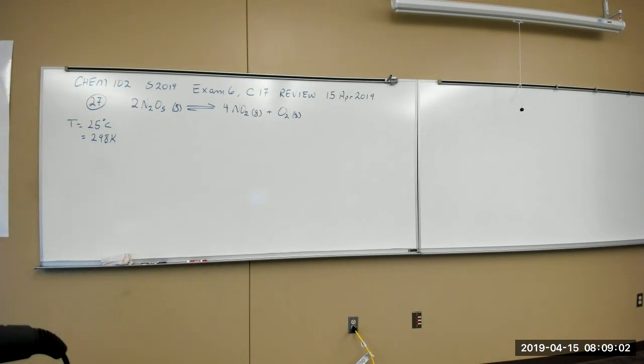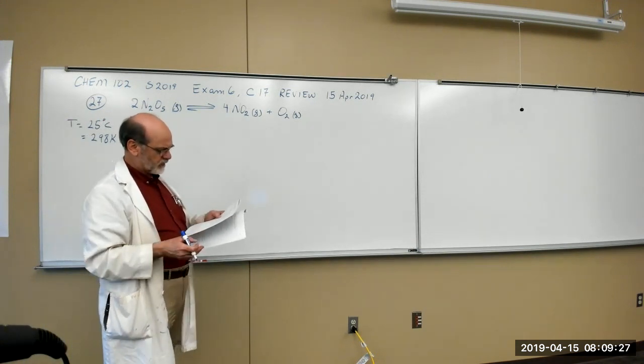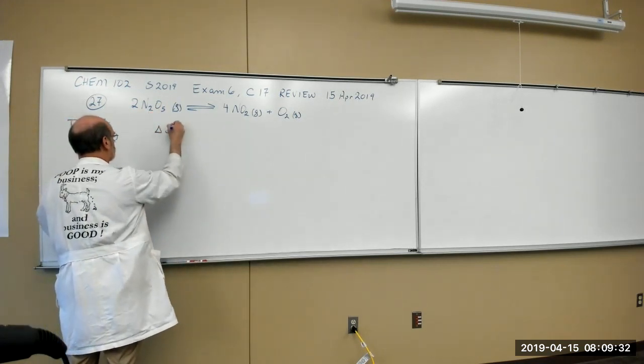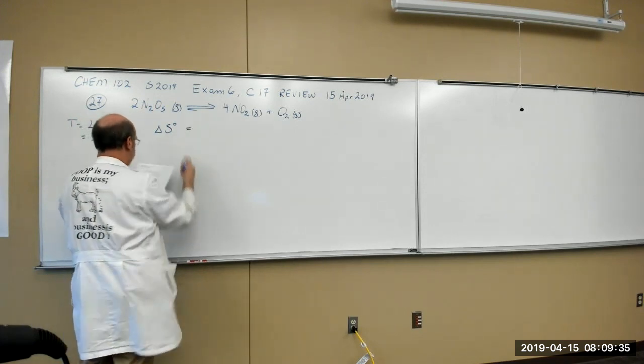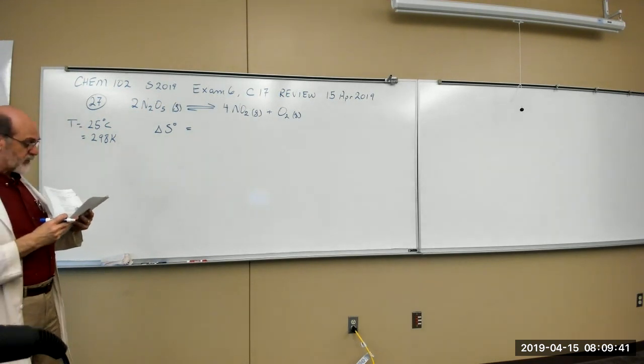Well, we're given some other information also. We're given heats of formation, and we're given standard entropies for each of the compounds or elements in that reaction. My guess is that this problem was multiphasic before I split it apart into separate groups. So it wants us to calculate this one. So what would that be? Well, actually it's fairly simple.